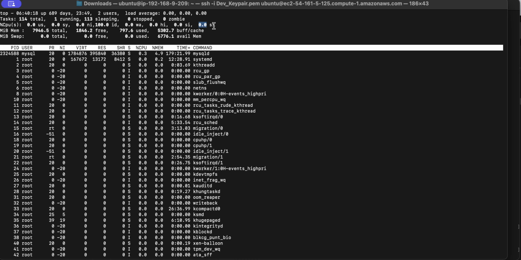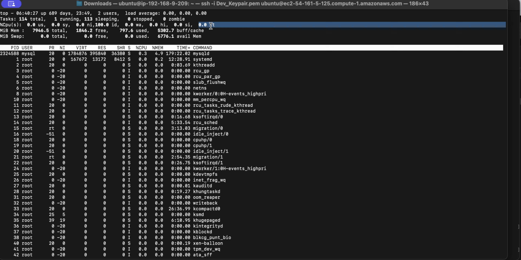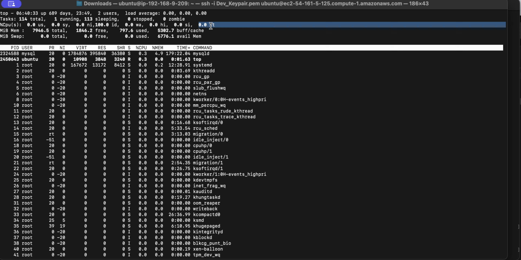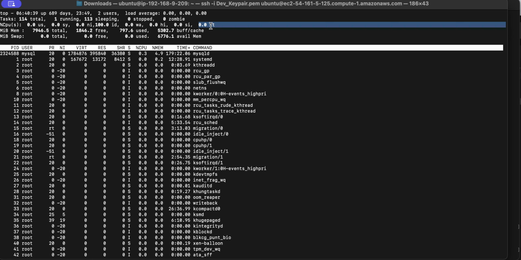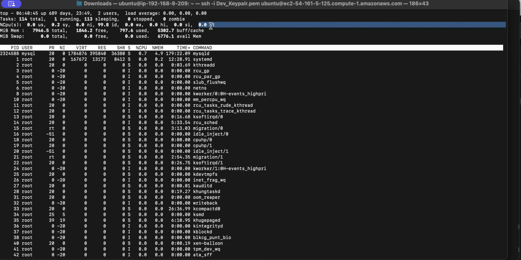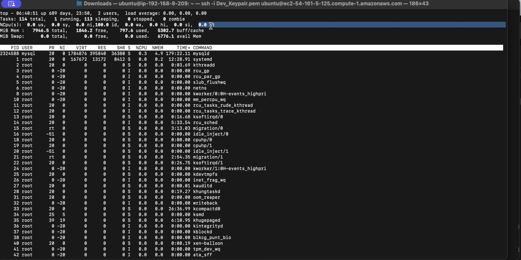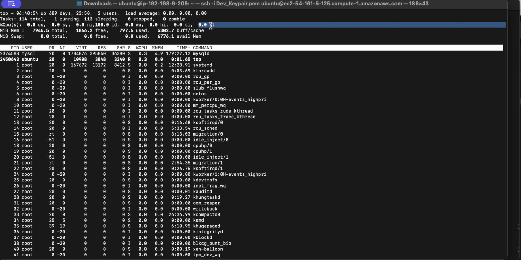What is meant by hypervisor? A hypervisor is something which is responsible for managing the virtual machines. Let's suppose you have one machine and you want to run multiple operating systems there, Windows and Linux as well, or even two or three versions of Ubuntu.